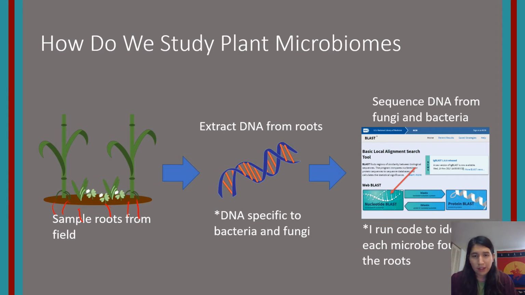And then we run stats on that and see how these communities living on the root differ. This is the tough part about understanding this aspect of the project, because you have this root right here with different microbes living on it, and you have this root right here with different microbes living on it.